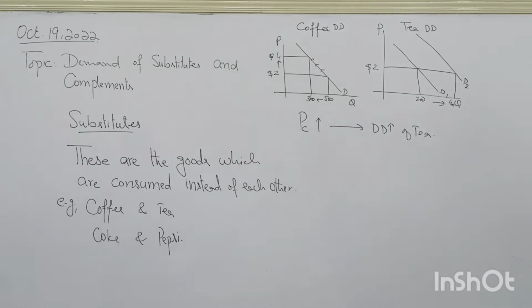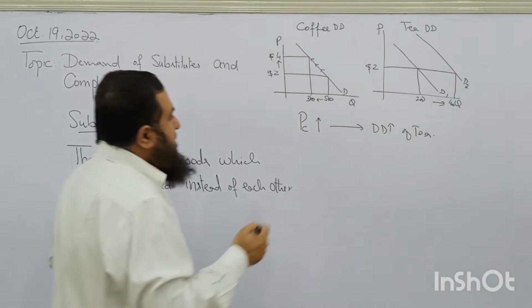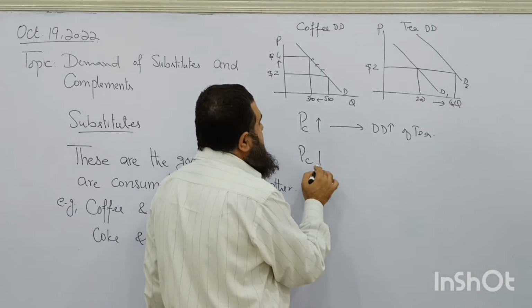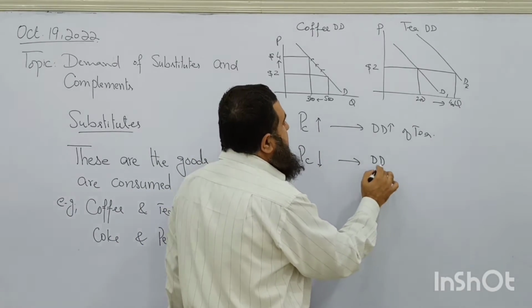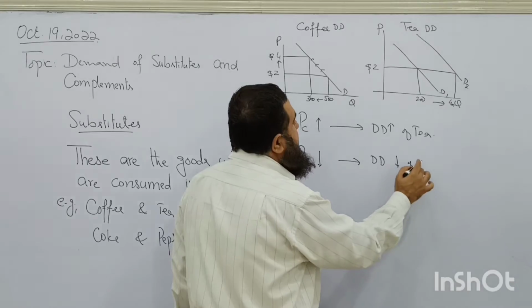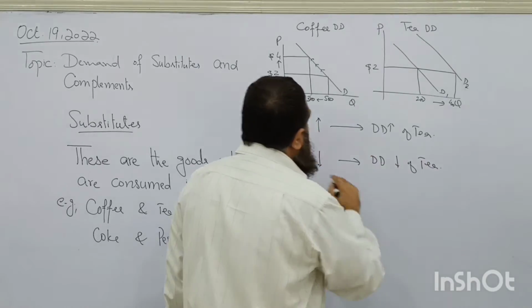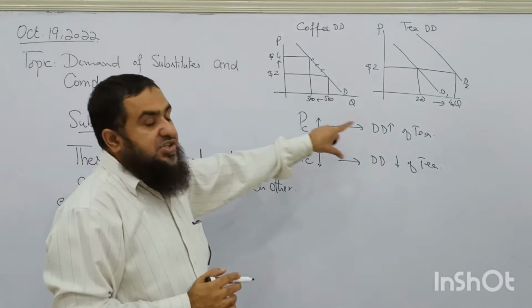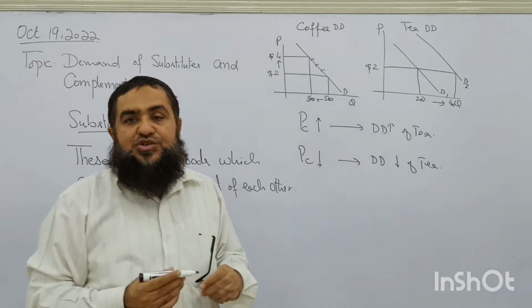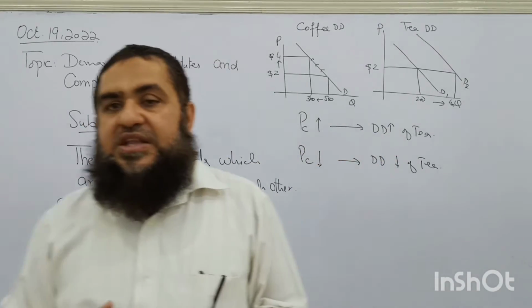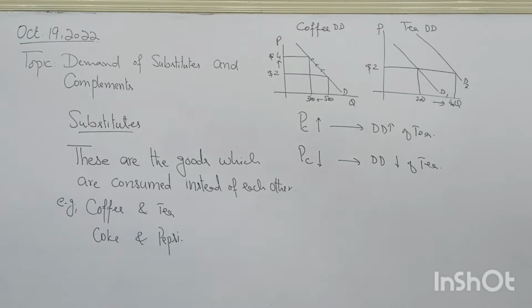Clear or not? So when price of coffee falls, what happens to the demand of tea? When price of coffee falls, people will decrease demand of tea. Okay? So when this cross relationship is positive between the two goods, we say these goods are substitutes to each other.